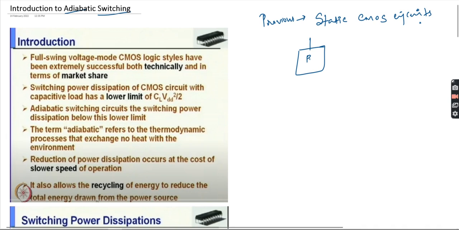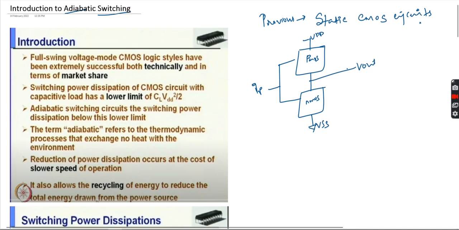This will be your PMOS network, this will be your NMOS network, then the input will be given over there. This will be your VDD. This is a general circuit of a static CMOS circuit. This will be VSS, and at the output there will be a load capacitance.